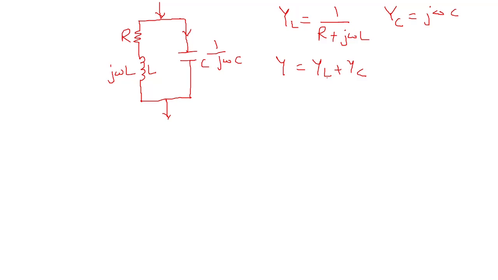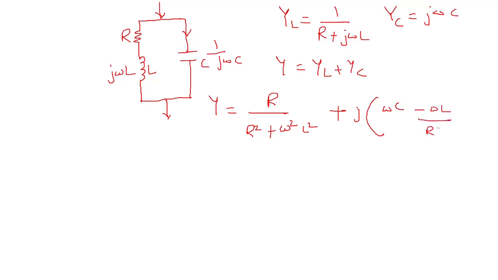Now if you add them and solve, you will get the final equation Y equal to R upon R square plus omega square L square, plus j times omega C minus omega L upon R square plus omega square L square.